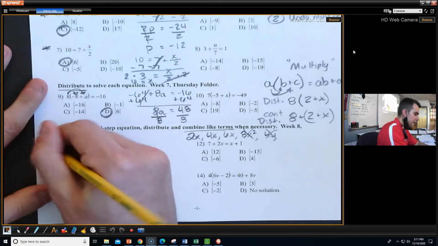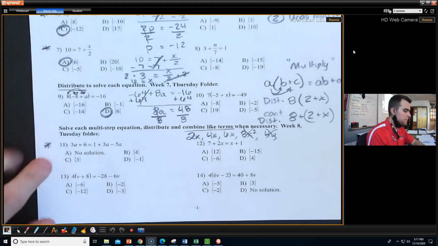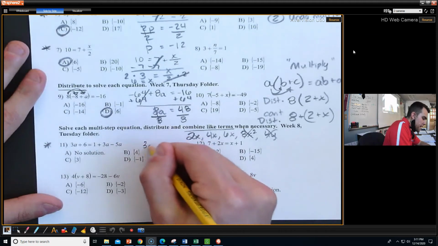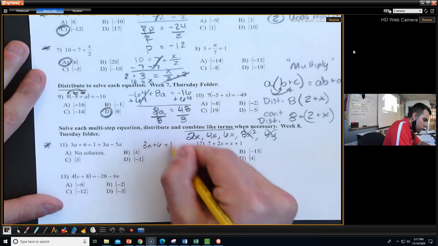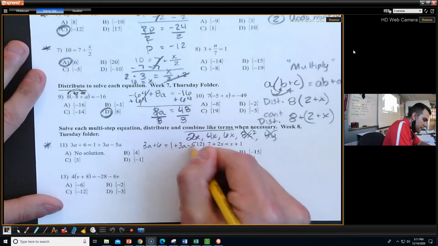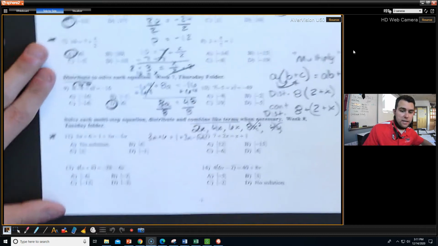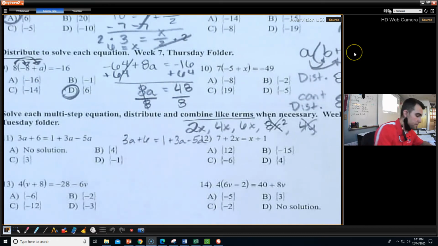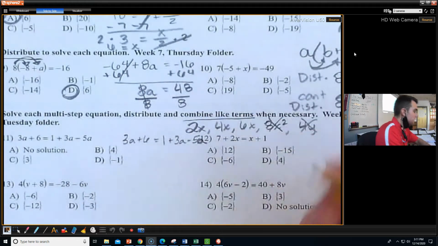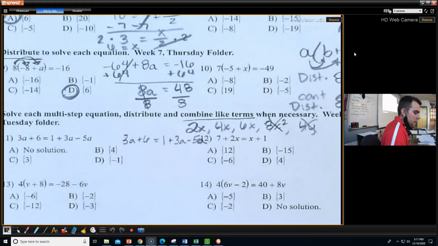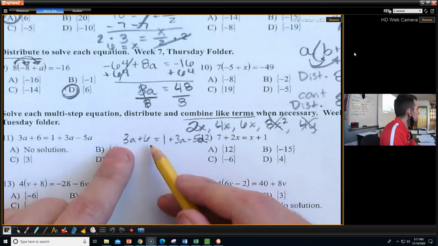So if we look at number 11, we have 3a plus 6 equals 1 plus 3a minus 5a. We have a variable on both sides of the equal sign. Not a big deal. Let's see if we can clean this up a bit. On the left-hand side, can I add those together?